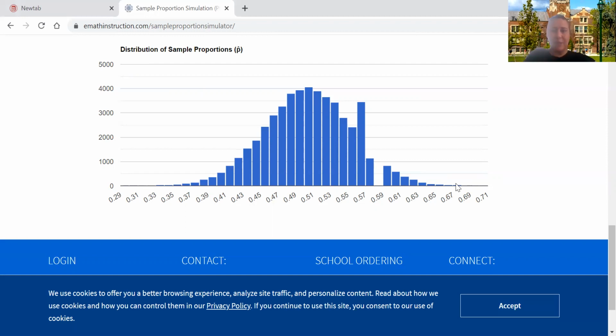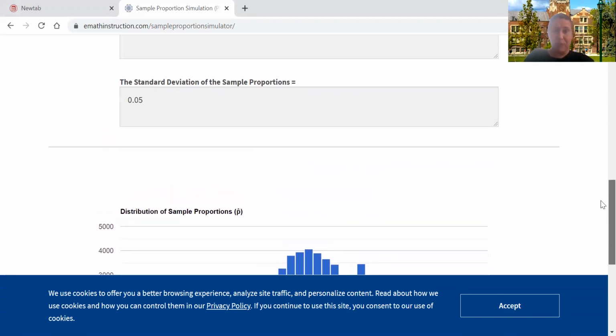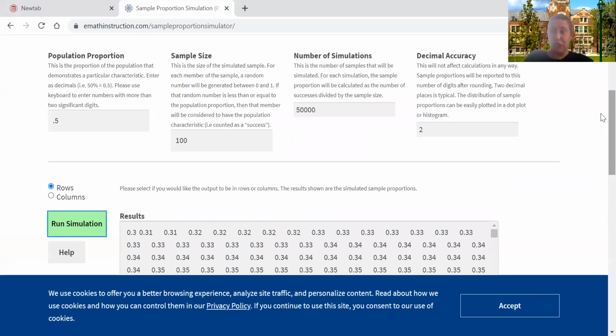But again, that's the thing with these experiments, is that what's expected in theory and what happens in practice may or may not be the same thing. All right, because remember, the bell-shaped curve is based on a very, very large amount of data.